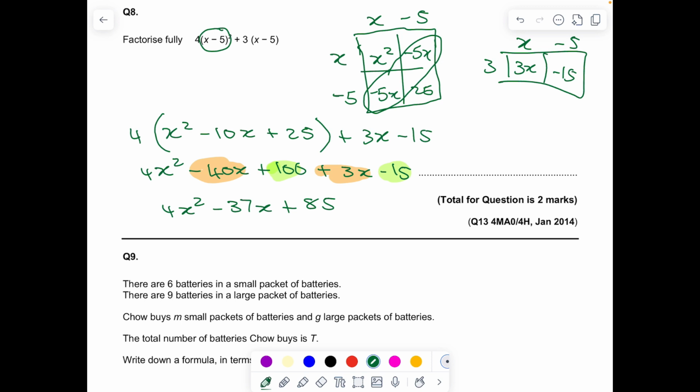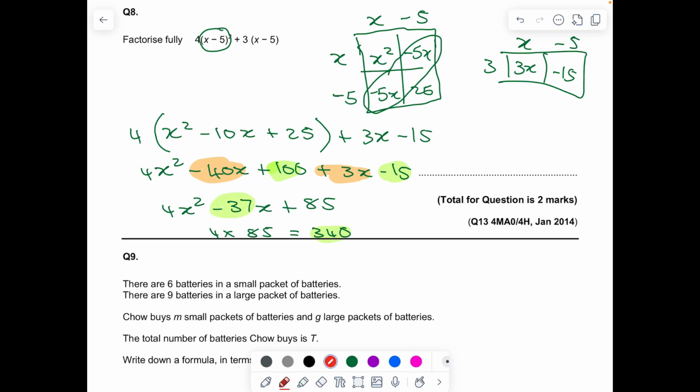Now you need to factorise it. Remember with this one, you need to do 4 times 85, which gives you 340. And so you want a number that multiplies to make 340, but adds to make minus 37.